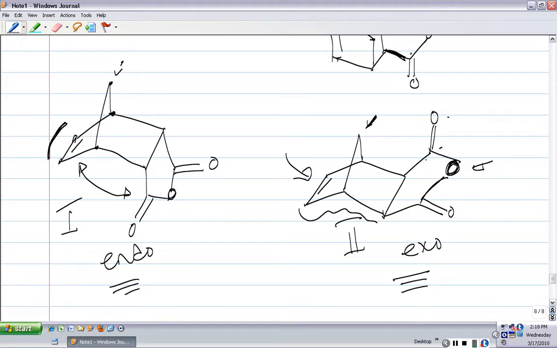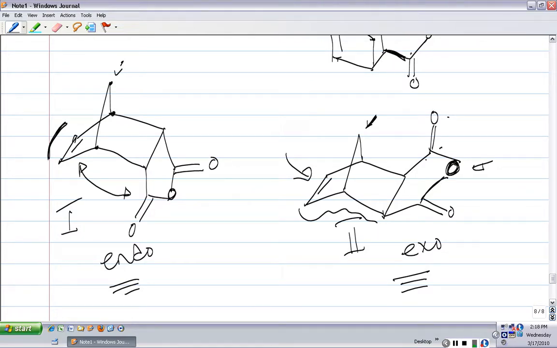And I've got my C double bond O, C double bond O unit, my anhydride unit, that is pointing down. So this is the endo compound. I'm really hoping you guys can see this, and if not, I'll do it again in class when I come back. Or you can build the models. Building the models is a good idea.